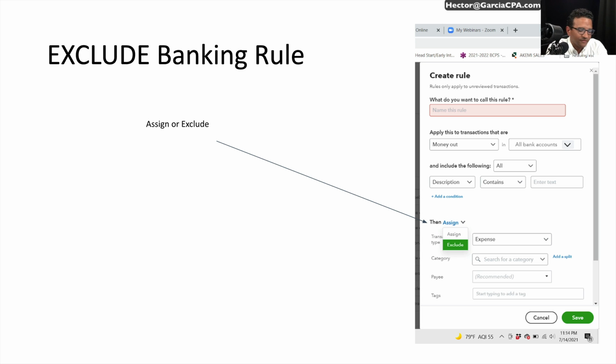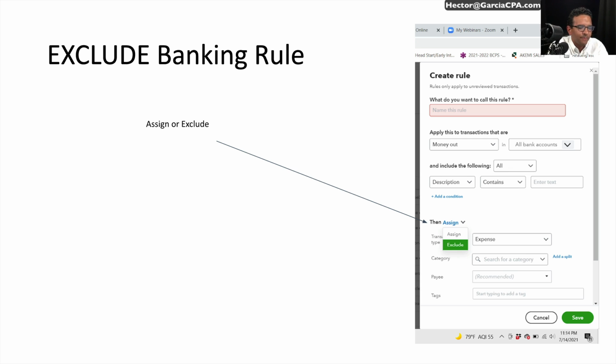The other sort of silent add-on that they added in the last couple of months is the ability to create a rule to exclude a transaction. Now, I don't exclude a whole lot of transactions when I download through the banking.